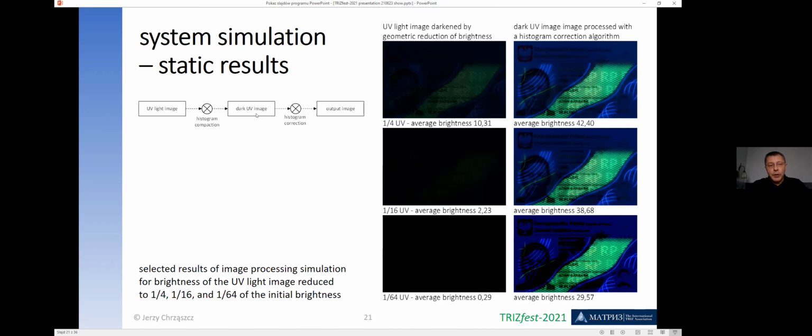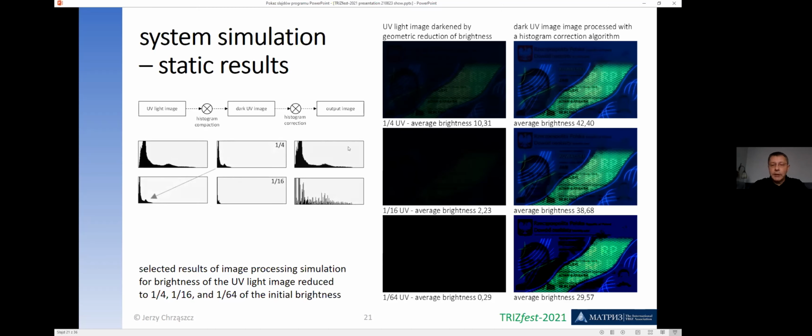So for each of these steps, and these were 7 steps in turn, the last sample was 128 times darker than the original. And for each of them, an output image was generated with the histogram correction algorithm. What we see here are just 3 samples taken from the sequence.